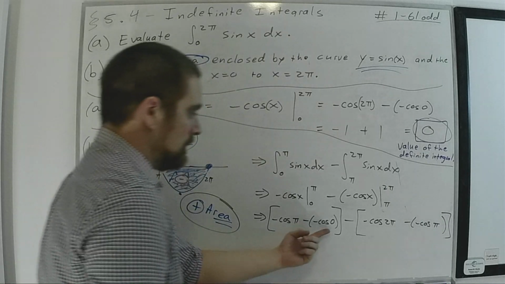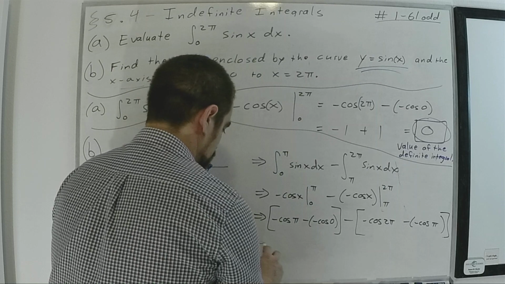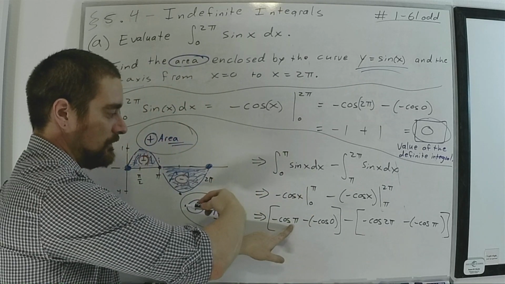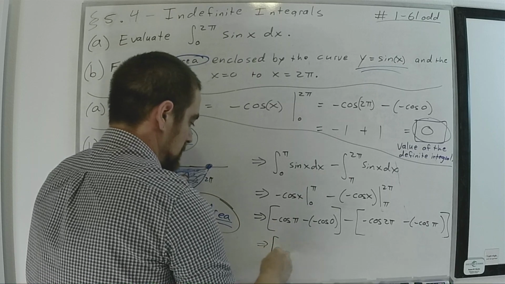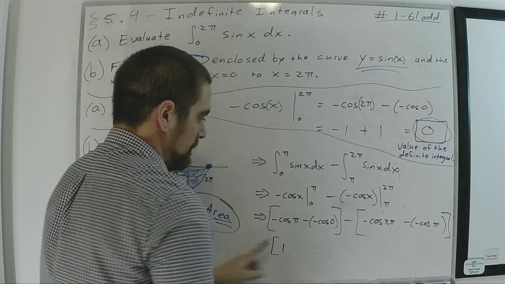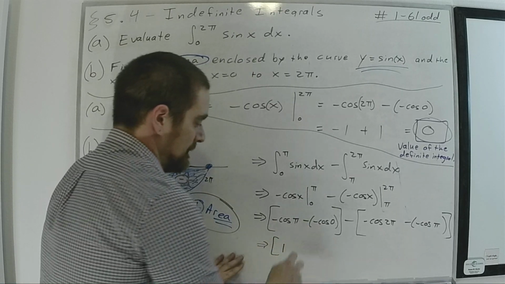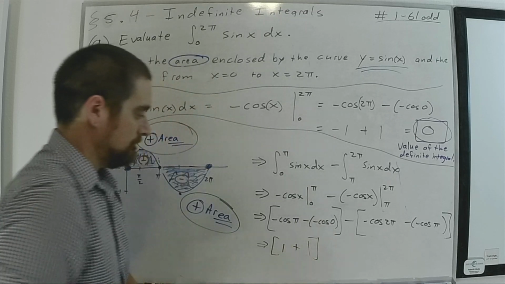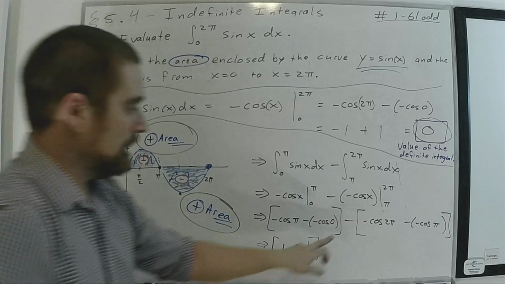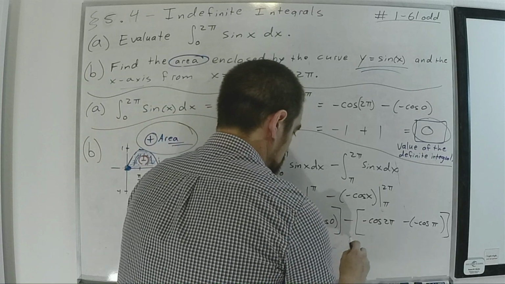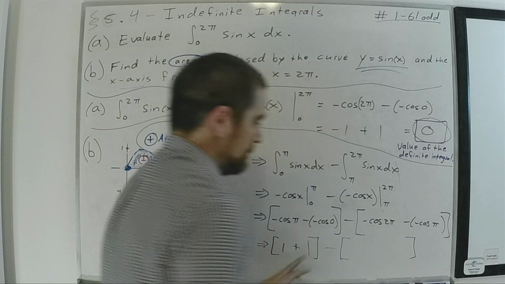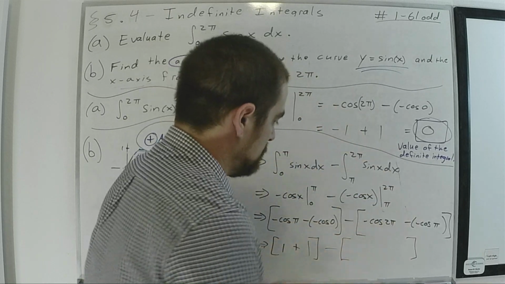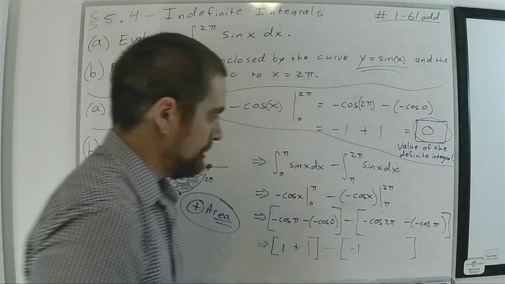So when I look at this, cosine of pi, so over here, is negative 1, so that's negative negative 1. That is actually positive 1. Minus minus means I'm adding. Cosine of 0 is 1. Minus cosine of 2 pi all the way around is 1, but that's a negative, so that's a negative 1.